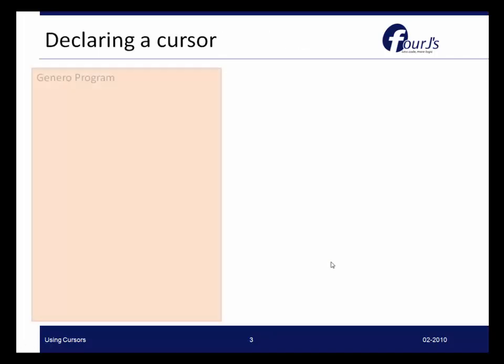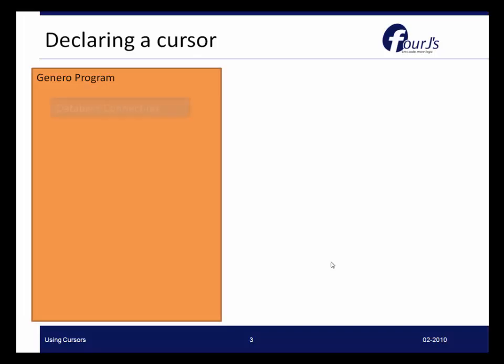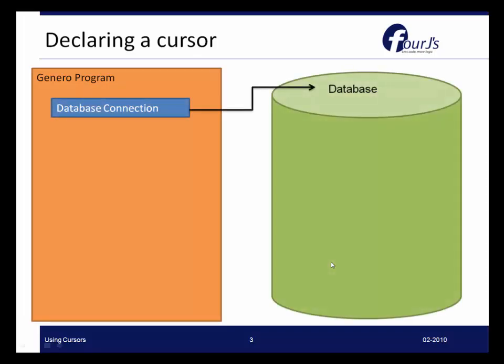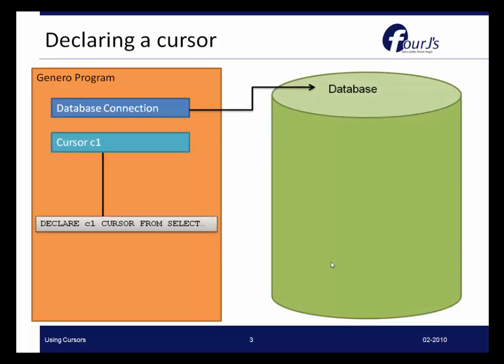Now in your program, you have a connection established to a database server. And you can set up a cursor, here we'll call the cursor C1, by using the declare statement. So we're going to declare C1 from a particular select statement.